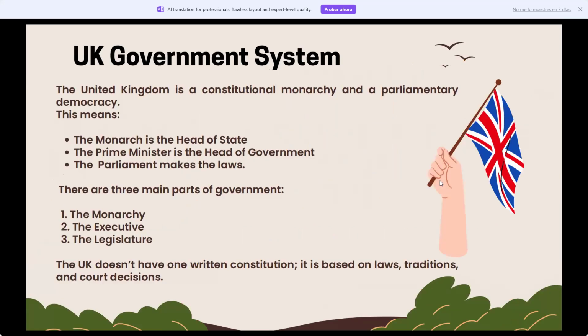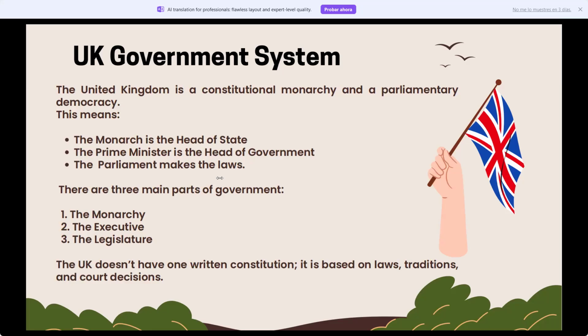The United Kingdom government is divided into three main parts: the monarchy, the executive, and the legislature. The executive is led by the prime minister and includes the cabinet and government departments.